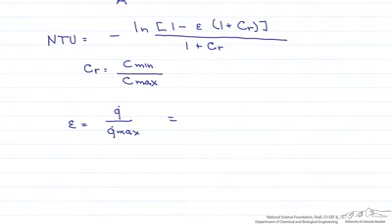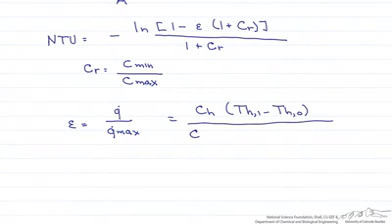This is equal to the heat capacity rate of the hot fluid times the difference in temperature of the fluid coming in and out, divided by our minimum heat capacity rate times the temperature of the hot fluid coming in minus the temperature of the cold fluid coming in. Now that we have that effectiveness, we can calculate our NTU.